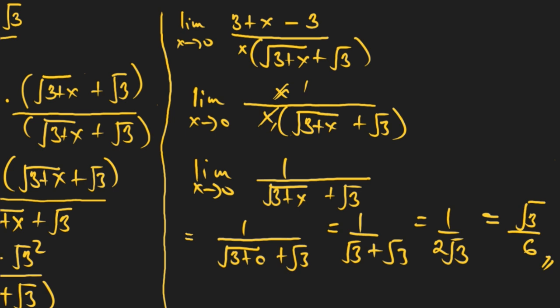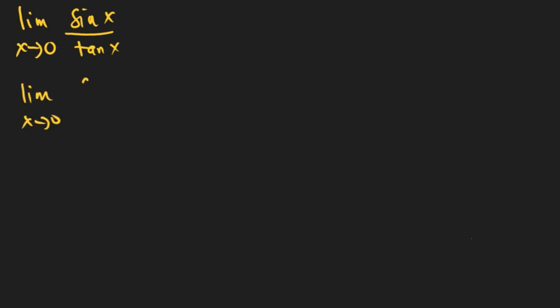Let's take one more example. Let's find the limit as x approaches 0 of sine x over, okay, let me use tan. So sine x over tan x. This will be equal to the limit as x approaches 0 of sine x over, now we know tan x is equal to sine x over cos x.